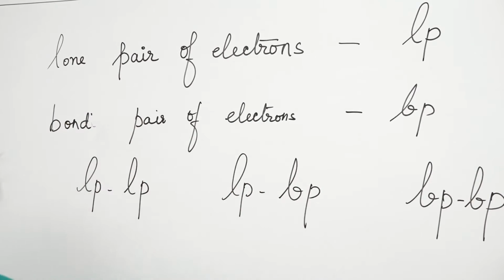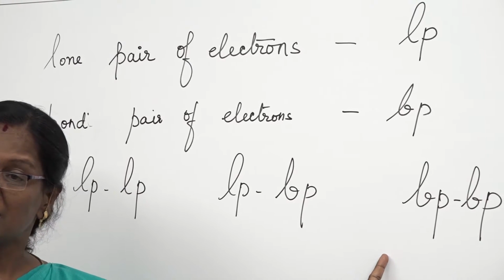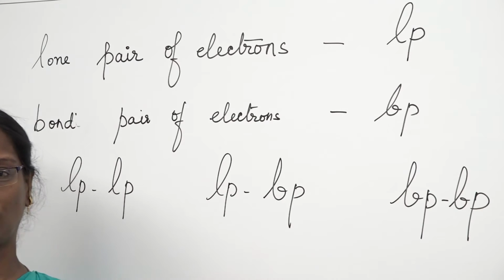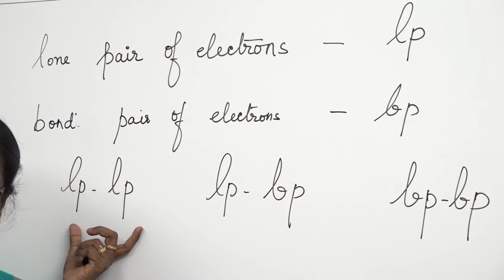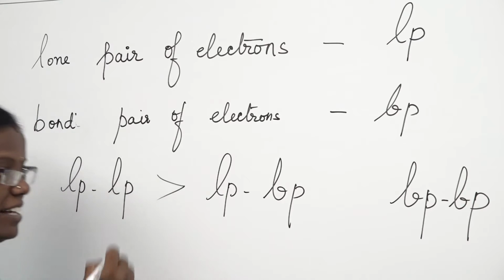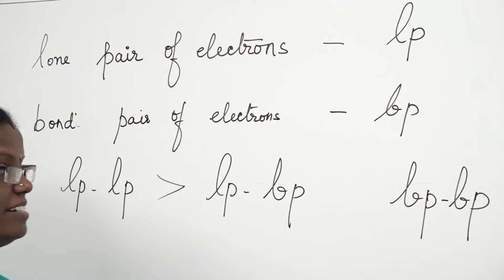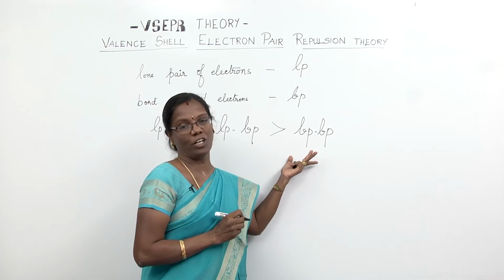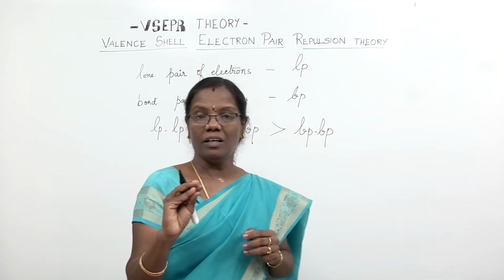These repulsive forces determine the shape of the molecule. On this basis, we can predict the shape of the molecule. Out of these three, the repulsive force between lone pair and lone pair is far greater than the repulsive force between lone pair and bonding pair, which is in turn greater than the repulsive force between bonding pair and bonding pair.